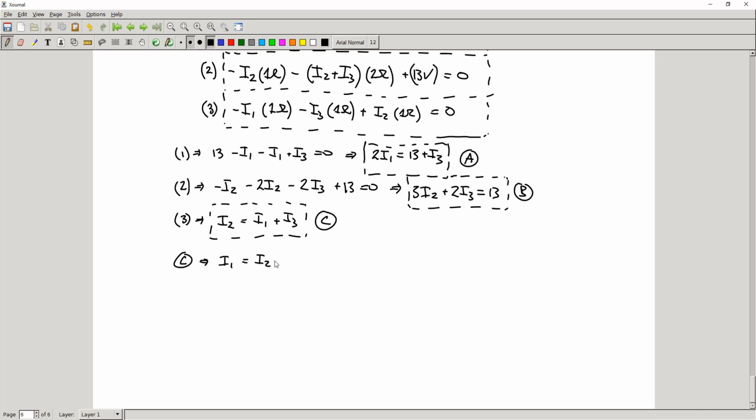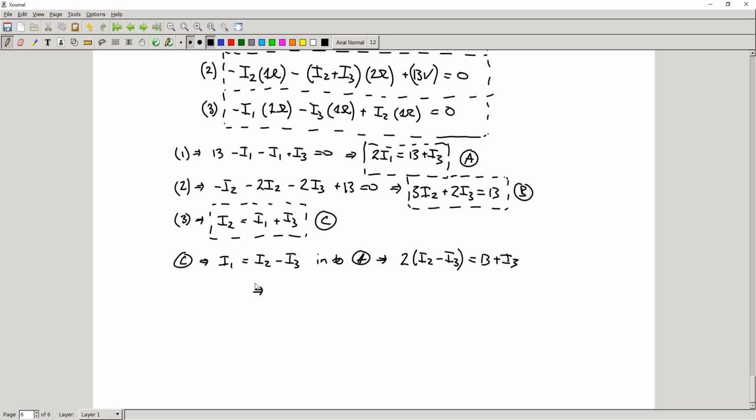I1 is going to be equal to I2 minus I3. Let's put this into A. We have A here. I'm going to jam the I1 in there. We're going to end up with 2 times I2 minus I3 equals 13 plus I3.